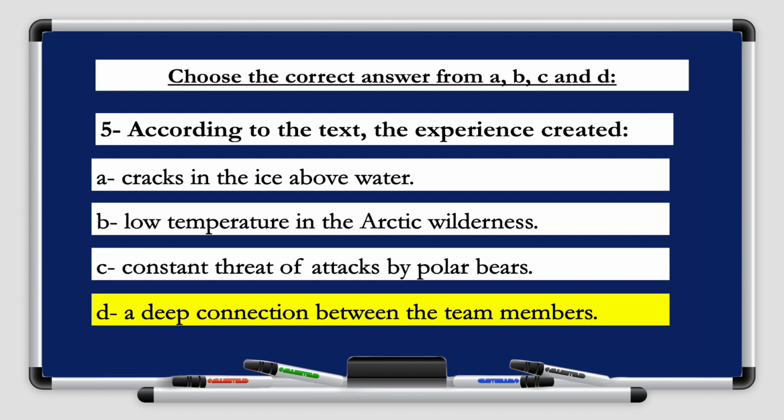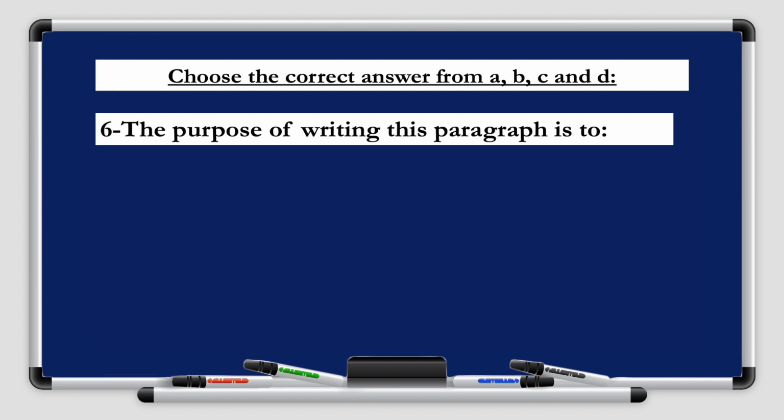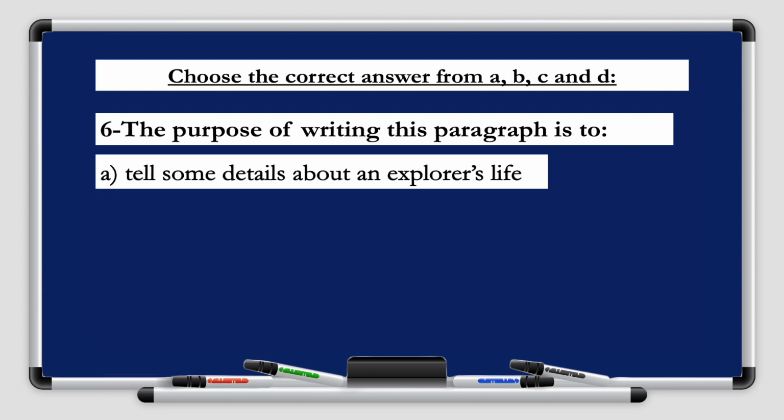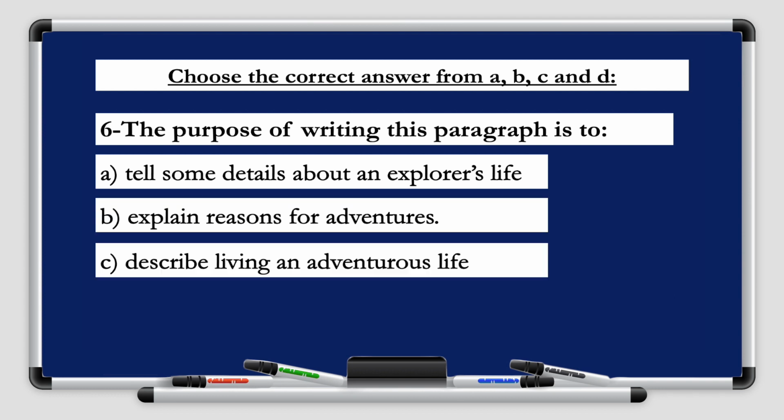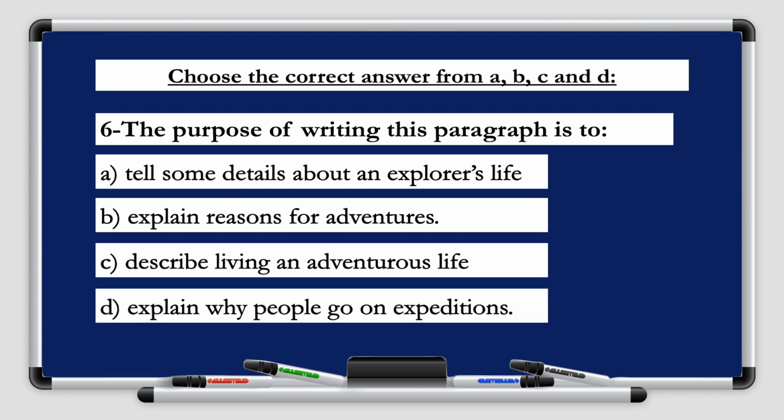They bonded together. The purpose of writing this paragraph is to tell someone details about an explorer's life, explain reasons for adventurers, describe living an adventurous life, or explain why people go on expeditions. The answer is to tell someone details about an explorer's life.